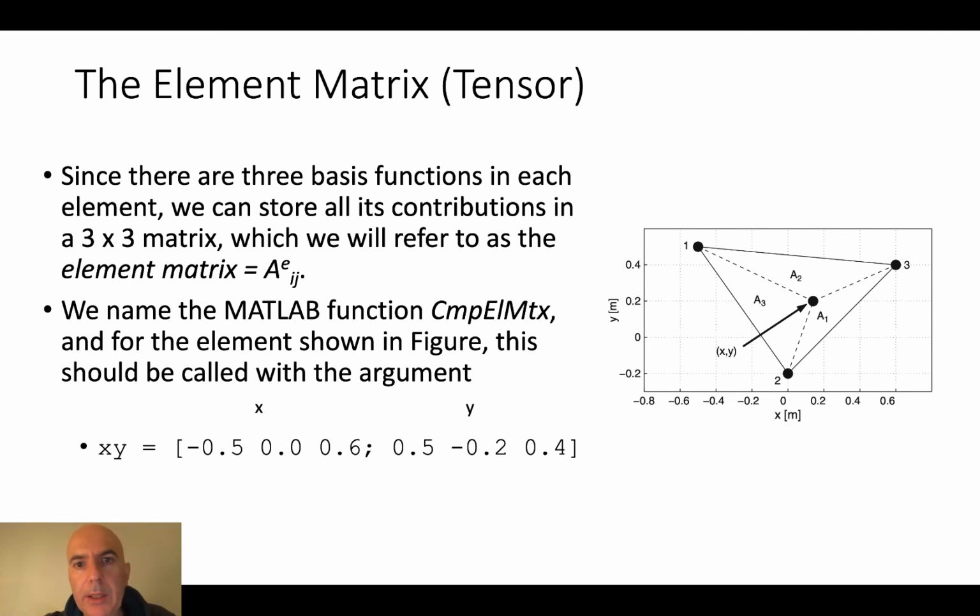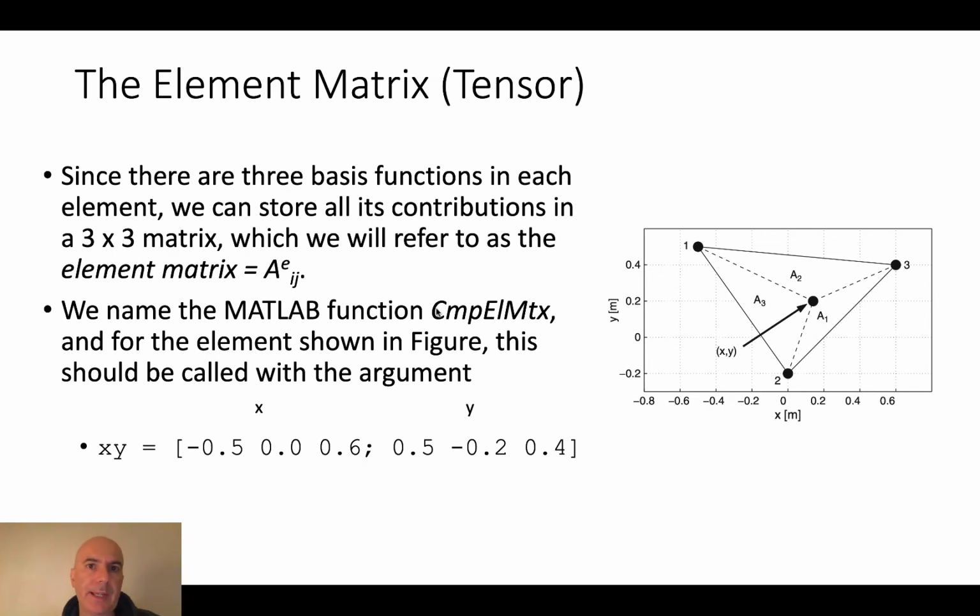So we can keep the information about these 3 basis functions using a 3x3 matrix that we call the element matrix. We are going to call it Aij of E. So this is the element matrix that takes into account basically the contribution of the basis functions in one element.